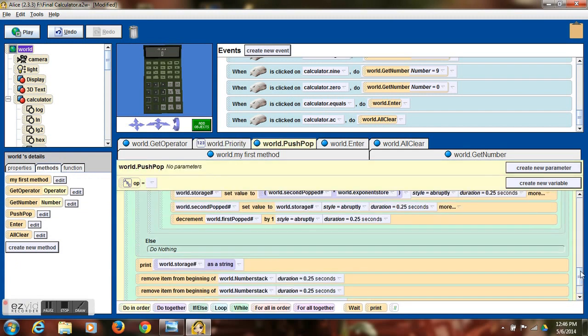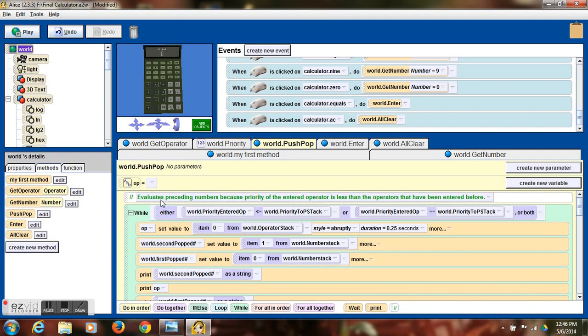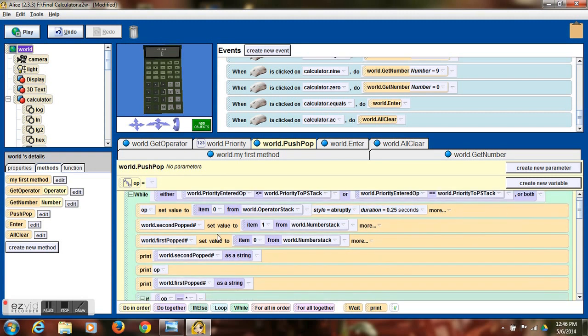And then here we have our push and pop. The push and pop is the foundation of our order of operation calculator, or expression evaluator. It compares the priority of the operator entered to the priority of the top of the stack.